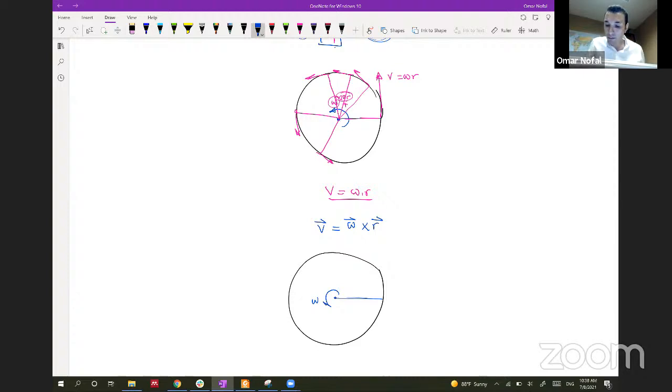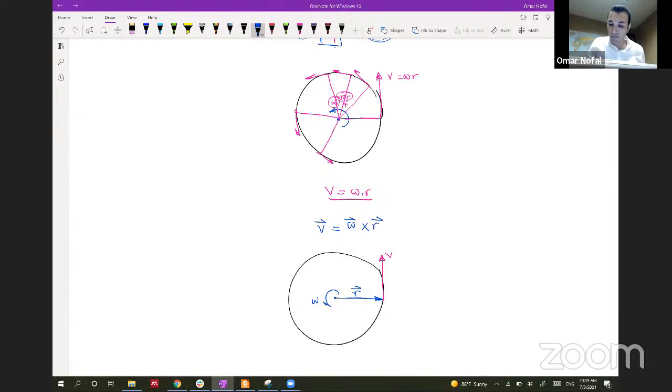This is the r vector going this way. To get the velocity direction, you have r going this way and omega coming out like this. So you will have your system like that. You curl your fingers from omega to r, so the velocity will be going this way.